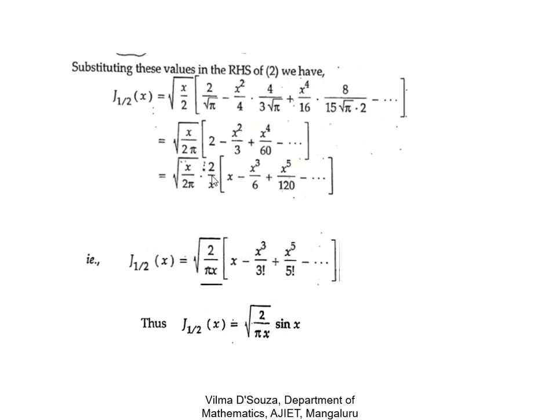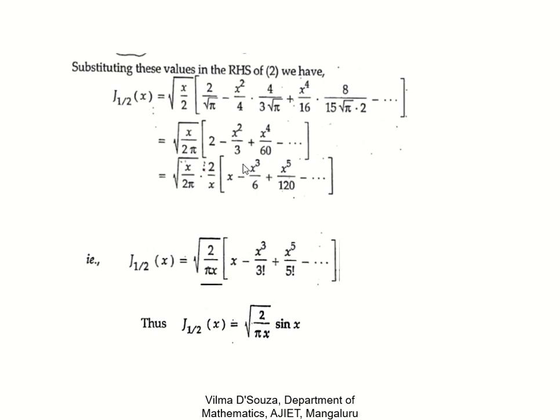I have multiplied and divided by 2 by x throughout. That is, 2 by x I have kept inside, and for the term inside the bracket I have multiplied by x by 2.